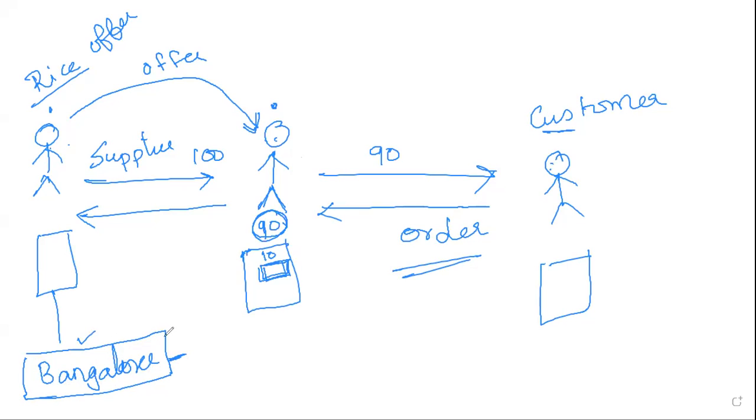Tirunelveli halwa is very special. Everybody makes halwa, but Tirunelveli halwa is very special. So this guy wants to make sure this halwa is made in Tirunelveli, not in Chennai. So how are we making sure? That is the point.